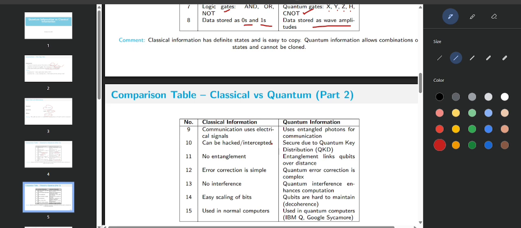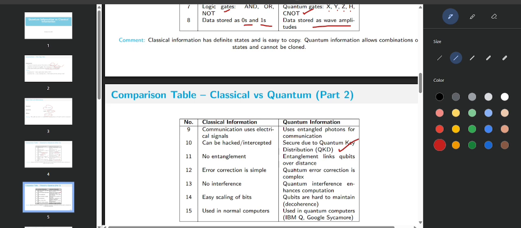Classical data can be hacked or intercepted, whereas quantum data is automatically secure using a method called quantum key distribution. I will make a video on quantum key distribution. Quantum key distribution says that if anyone is trying to hack our system, it cannot happen, because if we measure a qubit which is in superposition, the qubit collapses. That is the reason behind quantum key distribution.